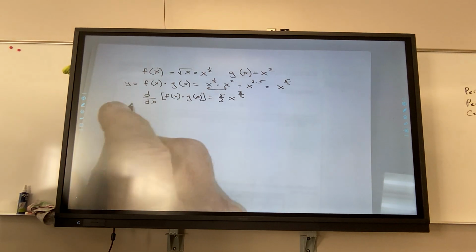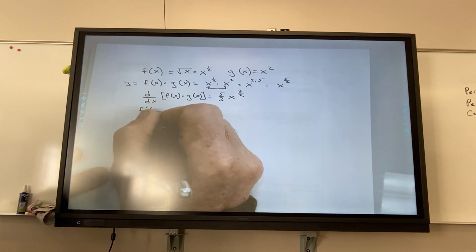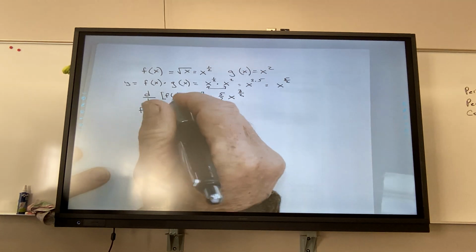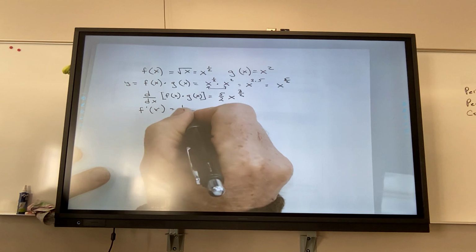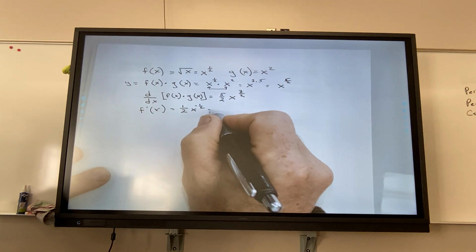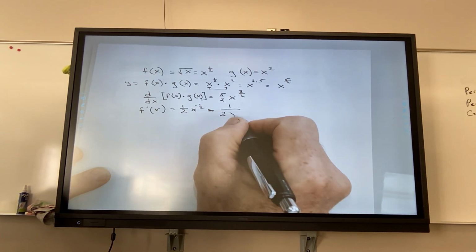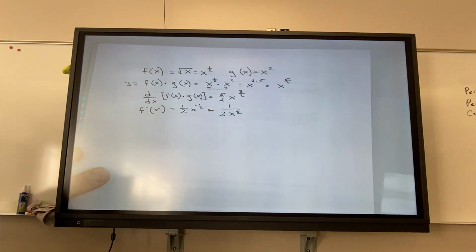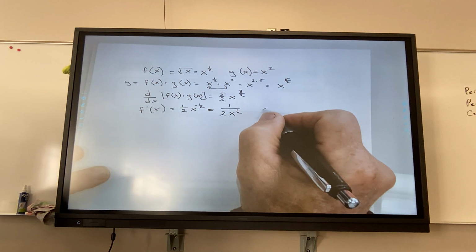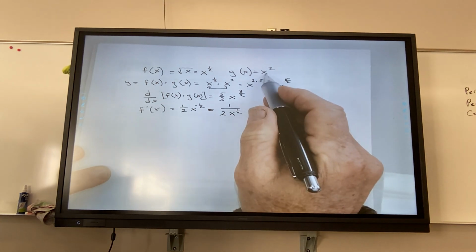So I'm going to now find the derivative of f, and that's going to be 1/2 x to the minus 1/2, or, and I'm going to leave it like this, 1 over 2x to the 1/2. And I'm going to take the derivative of g, and that's x squared up here.